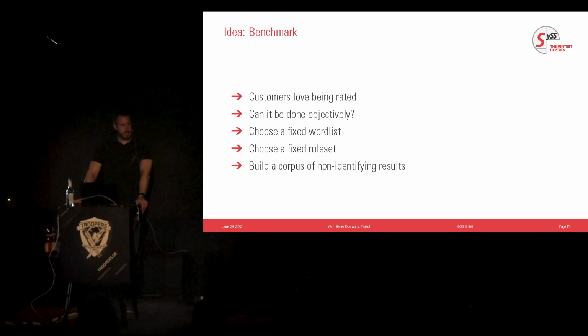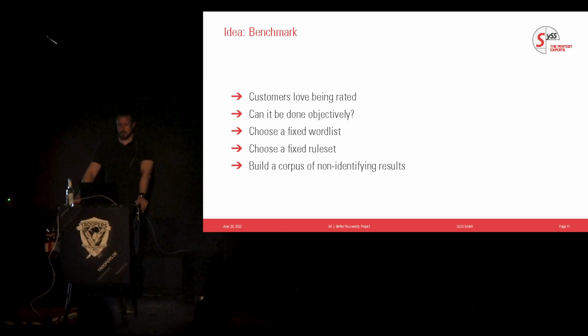So I thought maybe I can do at least one area where I can make a really objective response to this. And the idea was this. Many pen testers do this already after a pen test. They gain domain admin rights, they take all the hashes, they try to crack as many as possible, and then they do a little bit of analysis. But I thought this can be done in a more structured way.